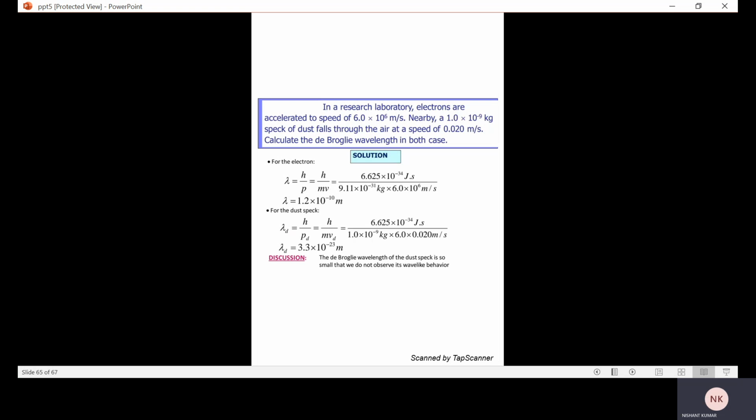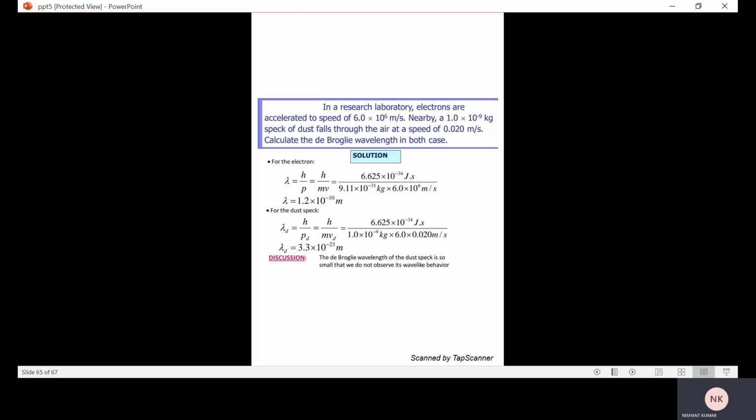These are the problems. In a research laboratory, electrons are accelerated to a speed of 6 times 10 to the power 6 meter per second. Nearby, a speck of dust of mass 1 times 10 to the power minus 19 kg falls through the air at a speed of 0.02 meter per second.